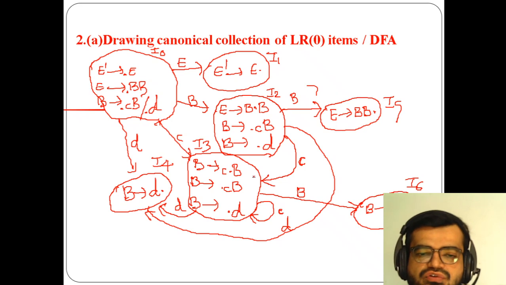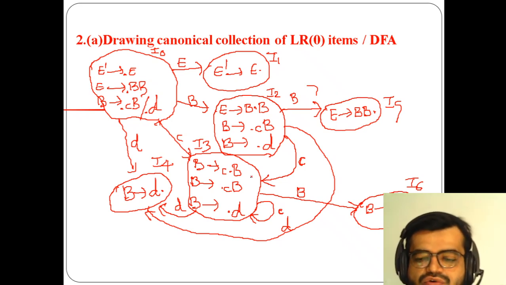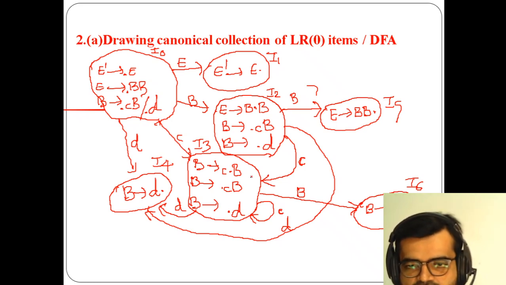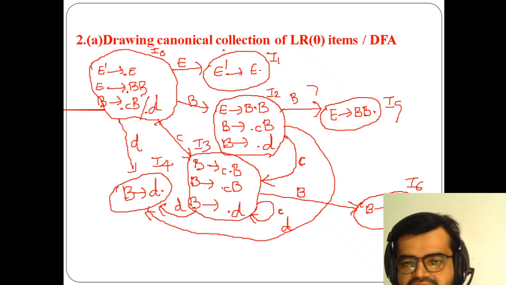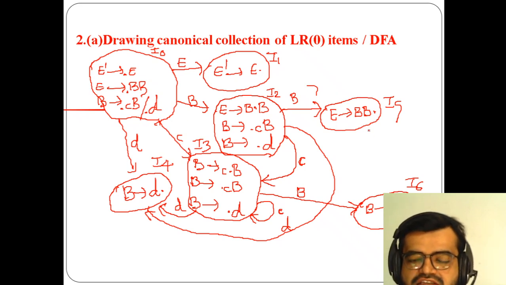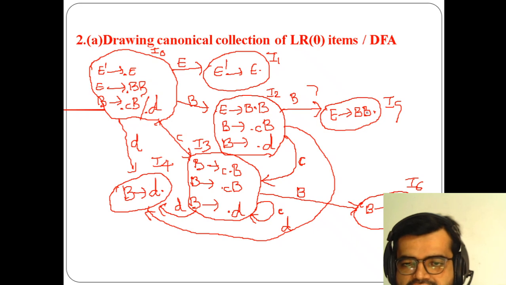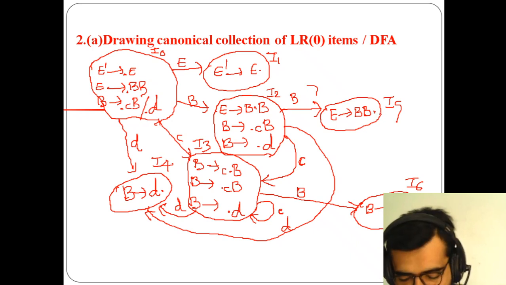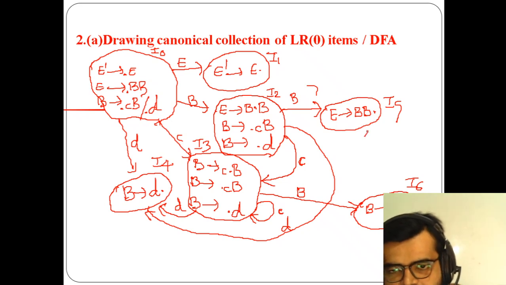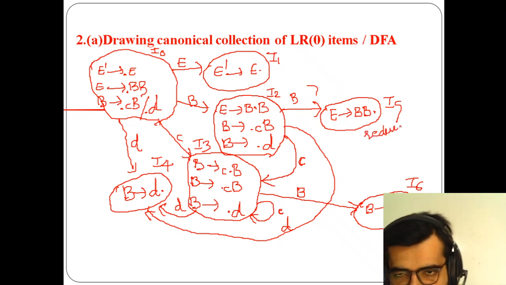And one more thing I want to say is that in actions it uses either shift or reduce, right? So remember, you have to pick the productions such that, if you take this production in I5, after the dot nothing is there, so you can use it for performing a reduce operation. I6 also you can use for performing reduce operations.